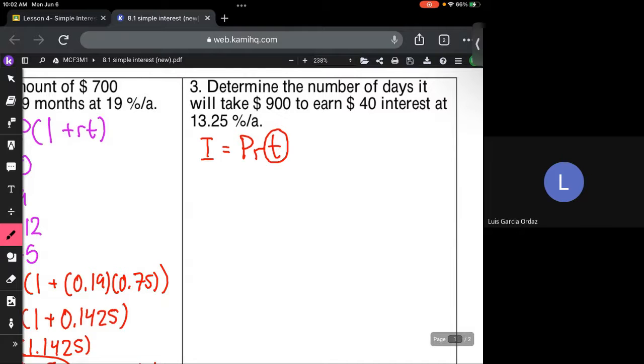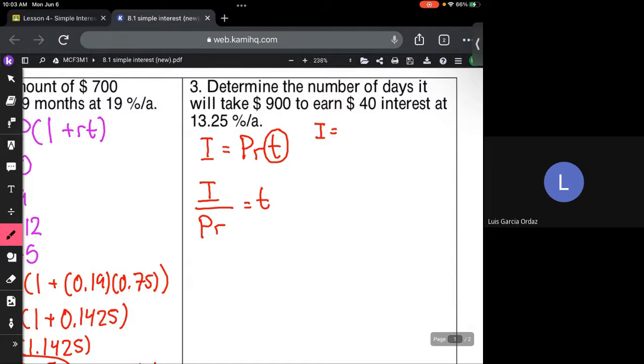So how do I isolate for T? So what's preventing T from being alone? P and R. So then divide by PR. So I divided by PR is equal to the time. So my interest is what?